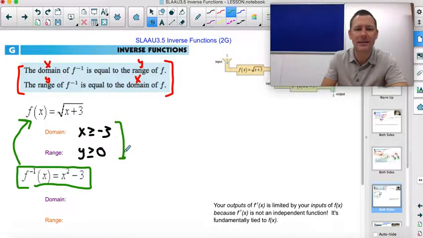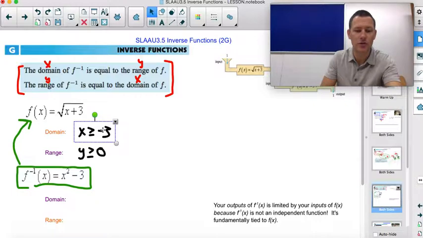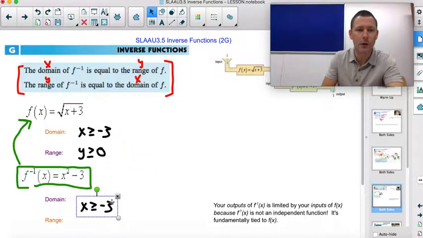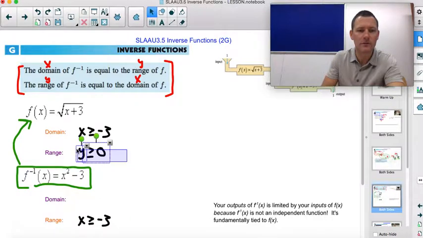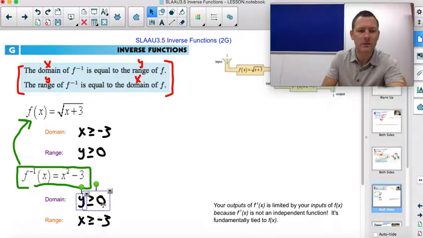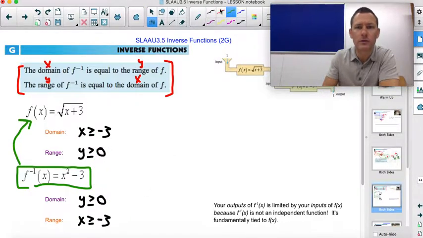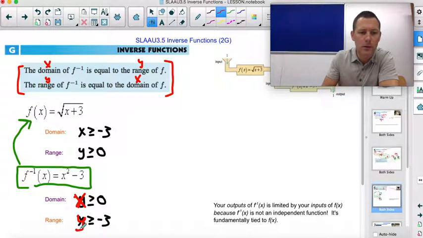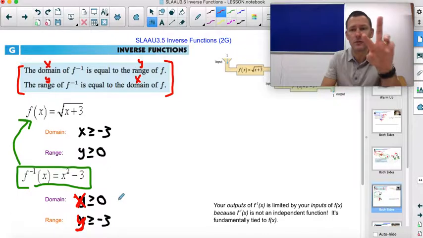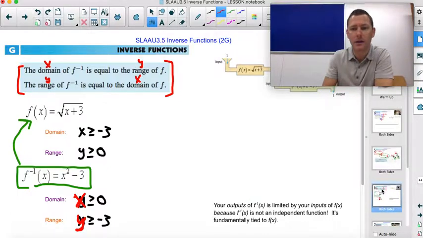It's tied to this one. Which kind of makes it easier, because you can just take this and say, oh, this was the domain, now it's the range, this was the range, now it's the domain, except you switch x and y. Yeah, that's what inverses do. They switch x and y.